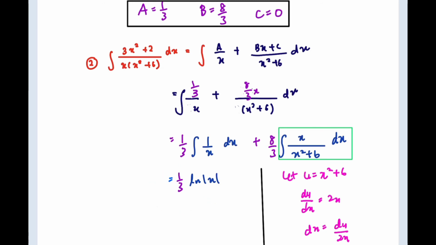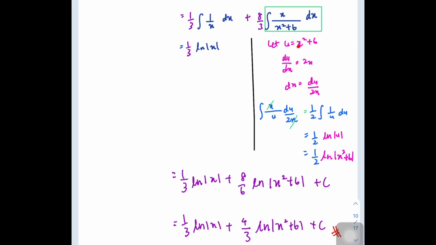Now let's solve our right hand side here. Okay, let's focus on this function here. 8 over 3, just leave it first. Integrate x over x squared plus 6 dx. Let's use the u substitution method. So let u be x squared plus 6, du over dx is just 2x. Therefore, dx is du over 2x. Now let's substitute. This is integrate x over u and substitute dx as du over 2x.